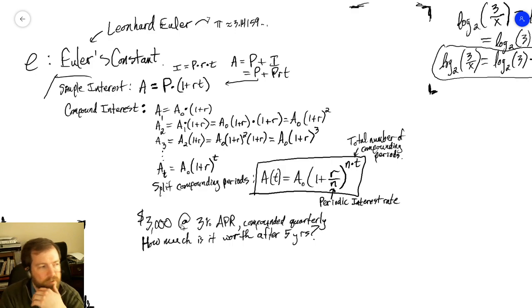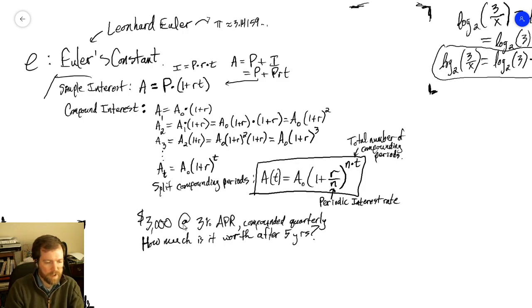So we could look at this individually and say that after the first quarter of the first year, what's going to happen is you're going to take a quarter of 3%, or 3/4 of a percent, of 3,000. Three-quarters of a percent is 0.0075.